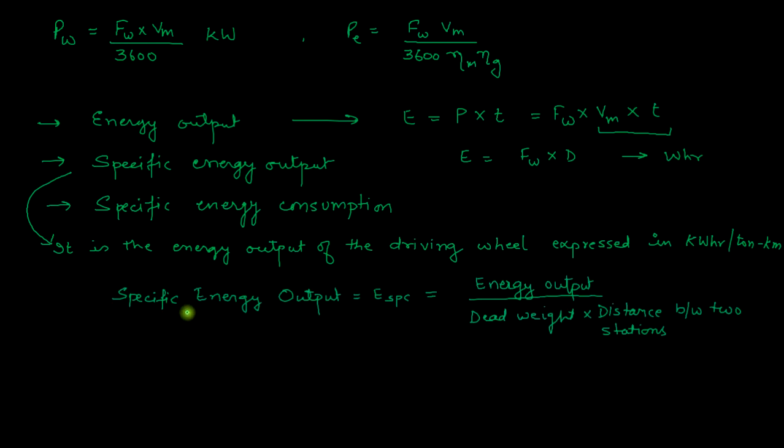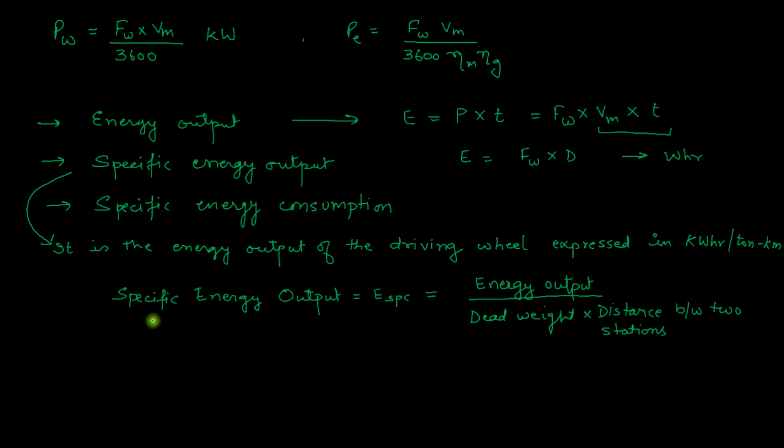So specific energy output ESPC will be equal to energy output divided by dead weight into distance between the two stations. We need to divide the formula for energy output with the dead weight and the distance between the two stations. Actually, the specific energy output is calculated to compare between the two trains.